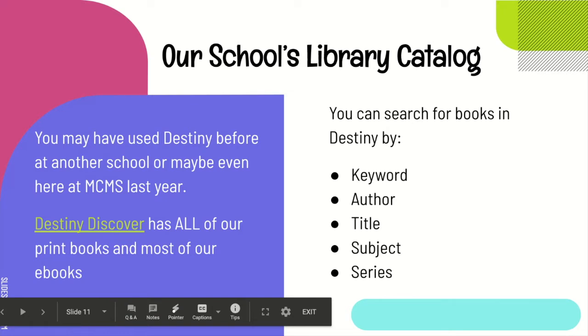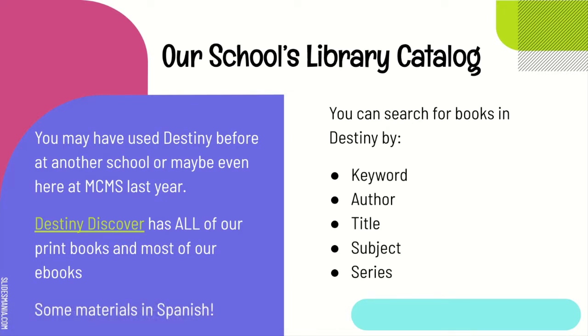There are lots of ways that you can actually search for books in Destiny. You can do a keyword search, which is pretty much like doing a Google search of any kind.